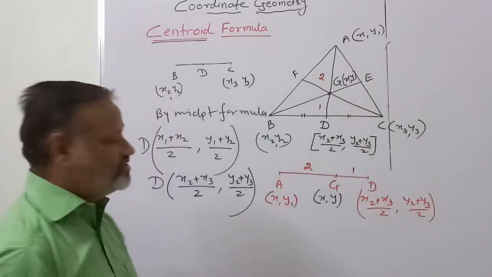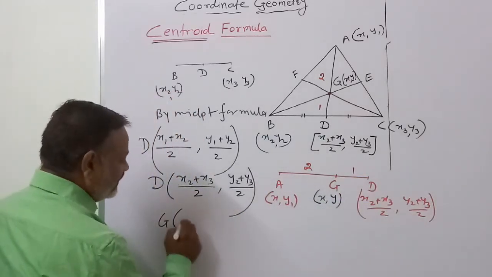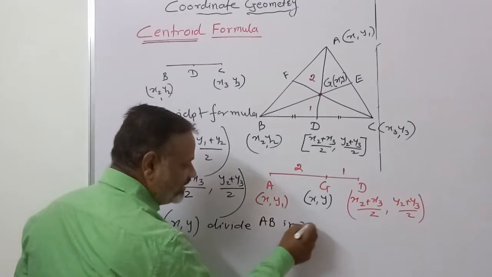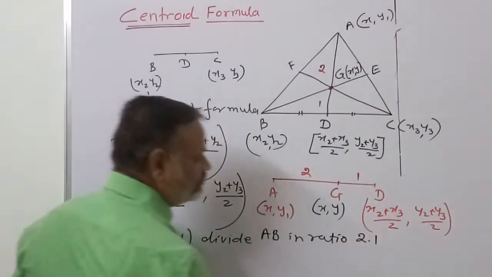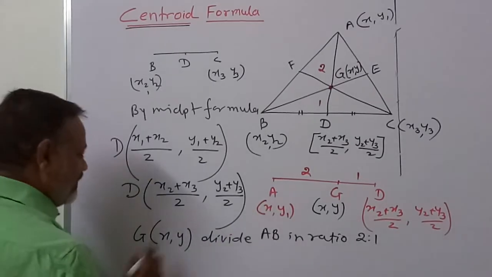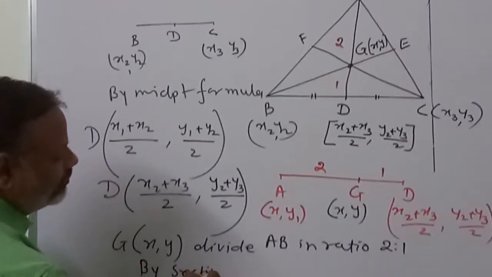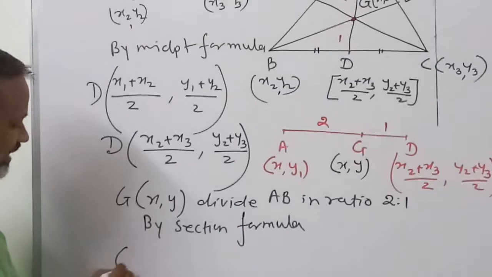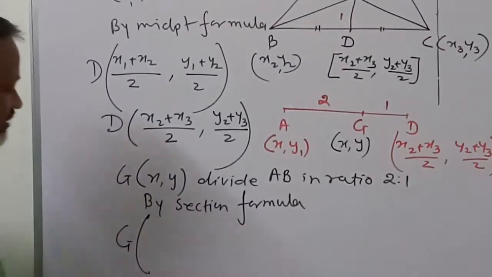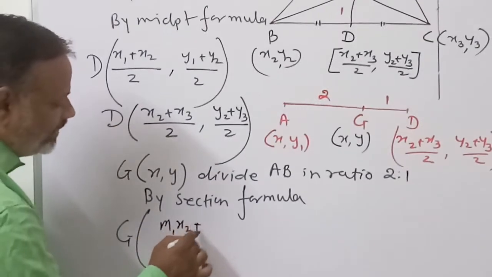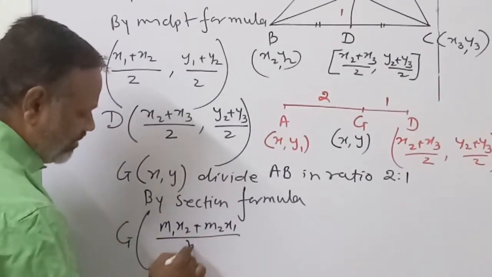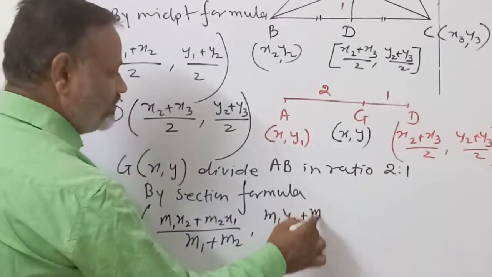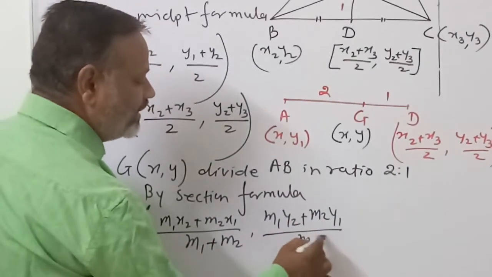So can we apply here the section formula, that is G xy divides AD in the ratio, कौन सा रेशियो में? 2:1. इट मींस दैट सेक्शन फॉर्मूला, व्हाट इज द कोऑर्डिनेट ऑफ जी, जी के कोऑर्डिनेट का फॉर्मूला, क्या फॉर्मूला है? m1 x2 प्लस m2 x1 अपॉन m1 प्लस m2 एंड m1 y2 प्लस m2 y1 अपॉन m1 plus m2.